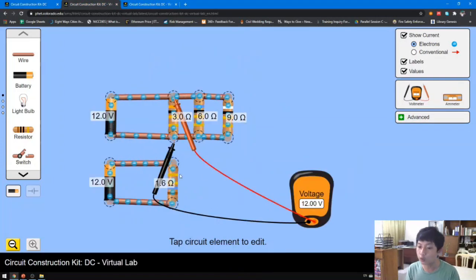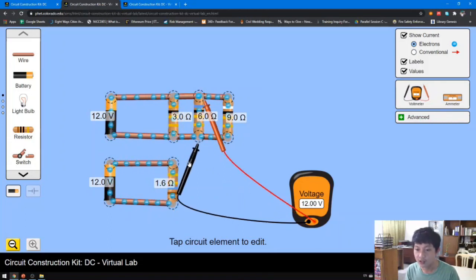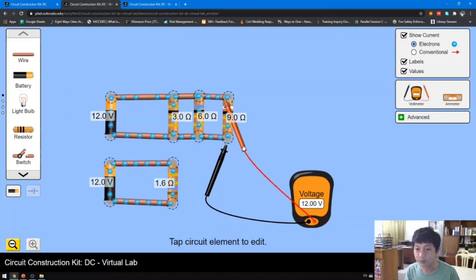Whereas if I do exactly the same thing here in the parallel configuration, they're the same.